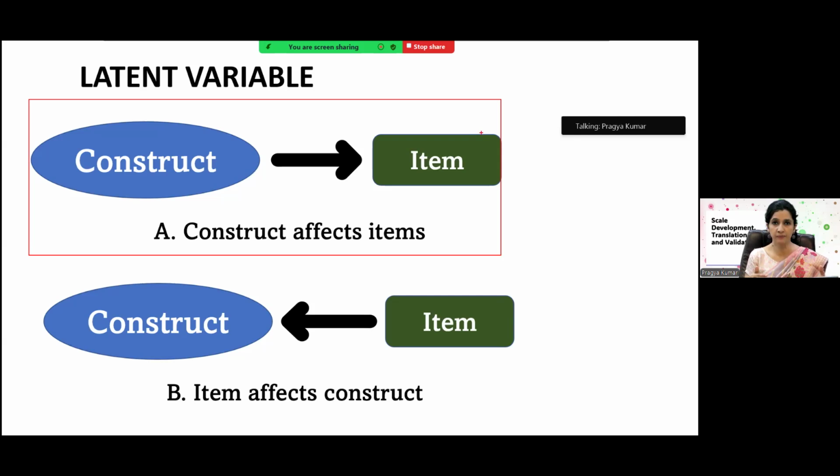For example, take the human development index: if the life expectancy is less, definitely my construct will be affected. My human development index will go down. So my item is affecting the construct. So that is which type of measurement model? That is the formative type of measurement model, where this arrow, which you can see here, is from the item to the construct.